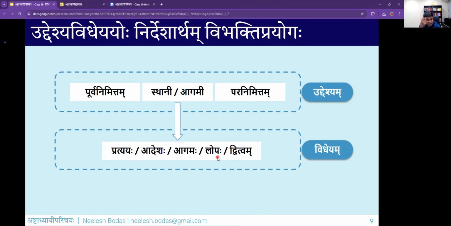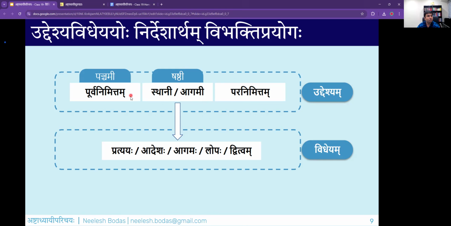And now, how to find what is purvanimittam, what is paranimittam, what is sthani, what is pratyaya, what is adesha, and so on. So Panini Maharshi has created a beautiful system to understand each of these components. He says, I will use shashti vibhakti to indicate a sthani. See, sanyogantasya lopaha, shashti is used. He says, I'll use shashti to indicate the sthani or the agami.